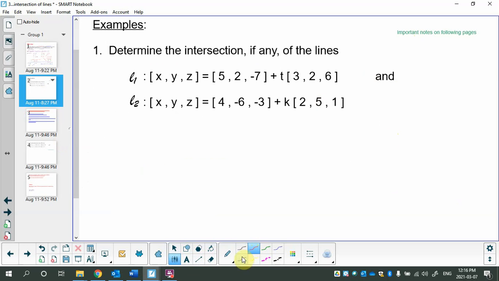So, line 1. Let's see if I can do this quickly.